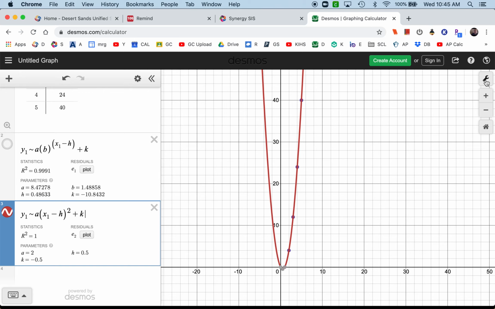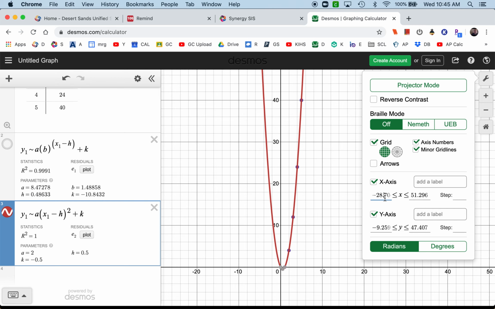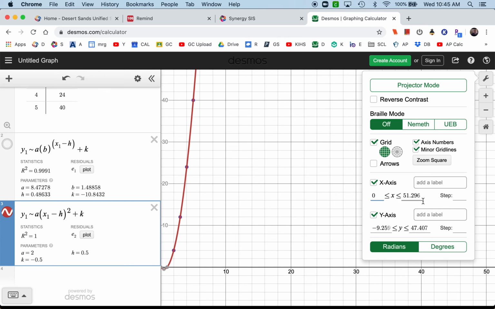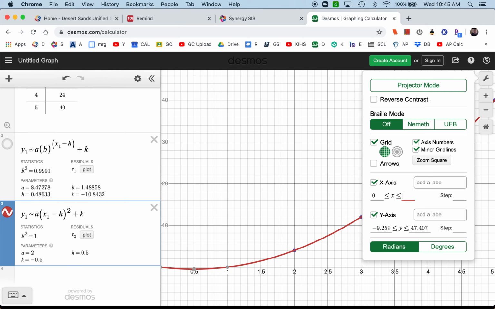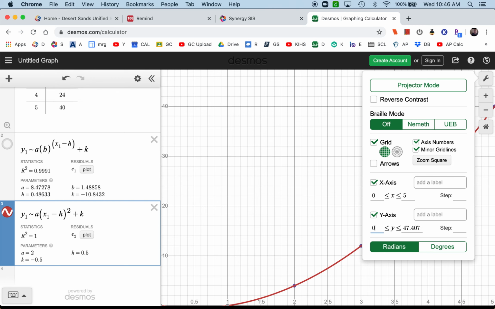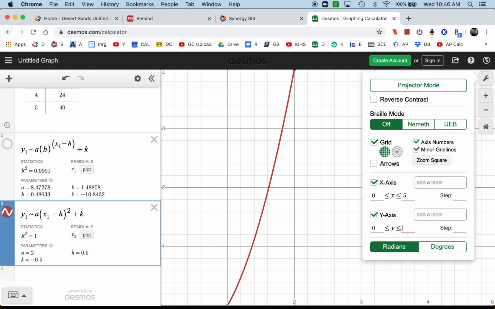So even if I go here, if I could just change my x-axis and change it to 0, and we only have to 5, right? So we can change it 0 to 5. If I look at 0 to 5, and also here the y values would go, 0 to, what is it, 40 or 50.